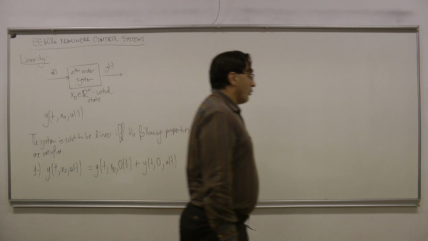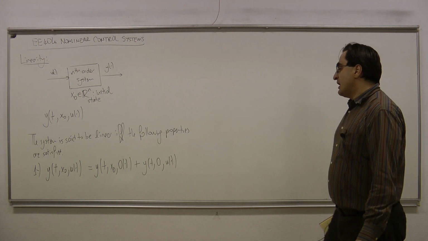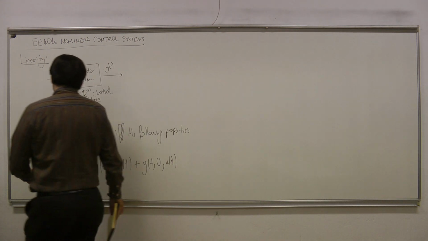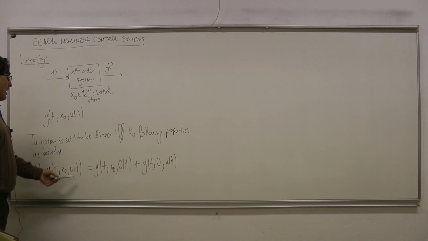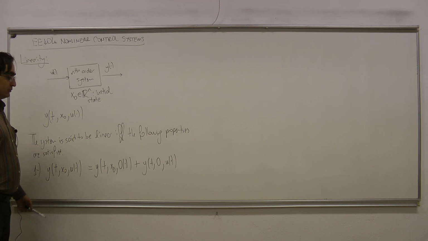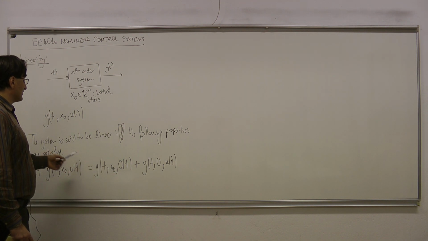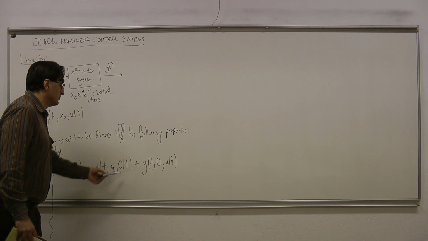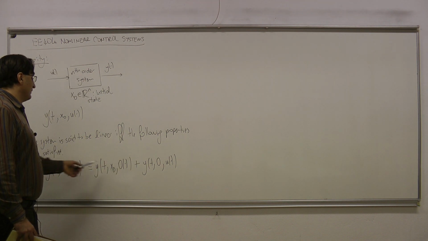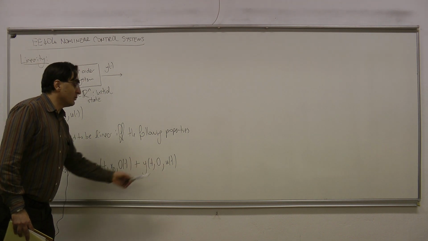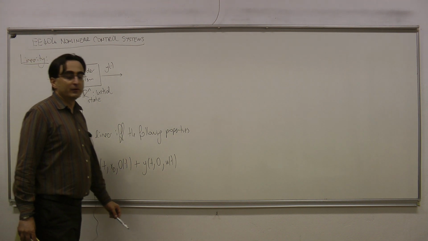So what does this property mean? It means that for a linear system, I can decompose the effect of the initial condition and the effect of the input in the output. So this is the decomposition. We can decompose any output of a system into two parts. In one of them, I have zero input, and in the other one, I have zero initial conditions.